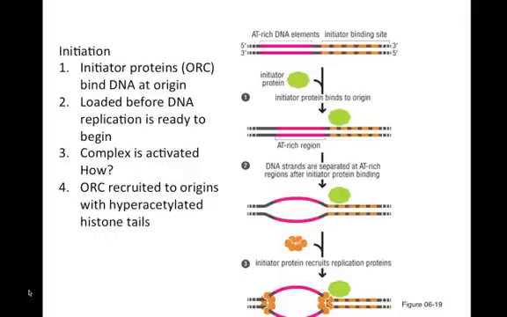Those things are going to differ whether you're a bacteria or a eukaryotic cell. In eukaryotic cells, they're activated through cyclins, and ORC, the origin recognition complex, is recruited to origins with hyperacetylated tails, so you're going to have a more open DNA structure.